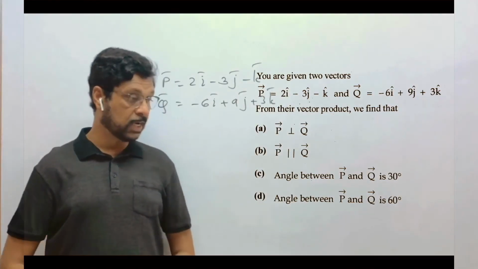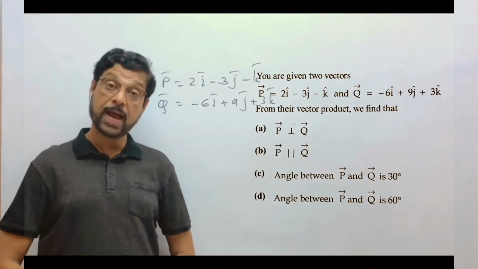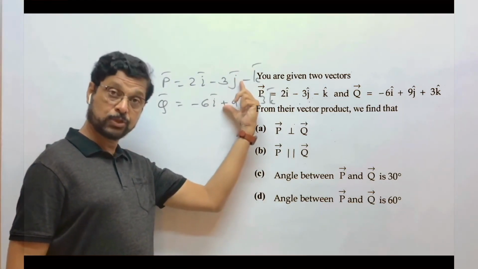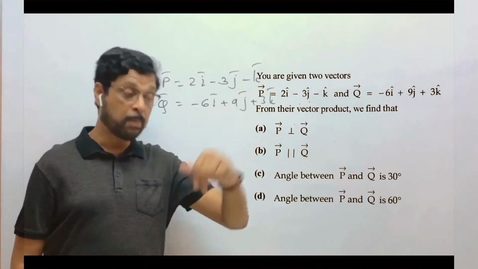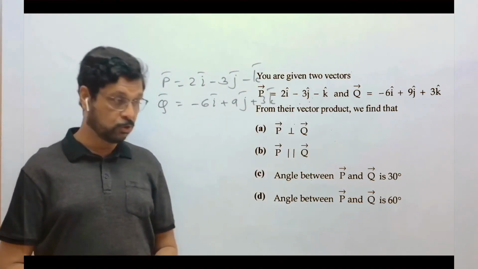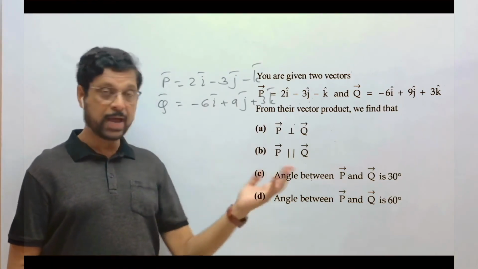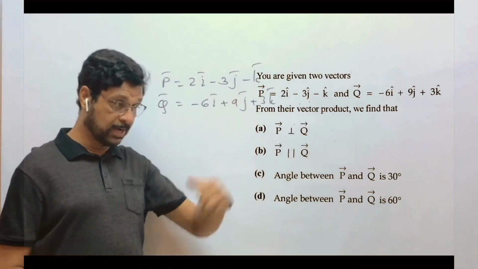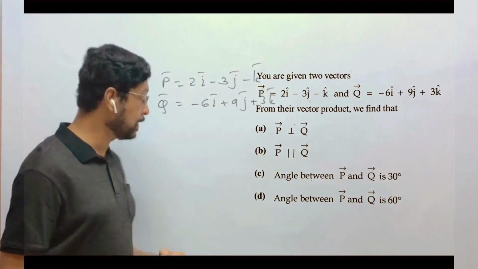From their vector product, we find that if you take the vector product of these two, what will we come to know? Option A is P is perpendicular to Q, option B is P parallel to Q, etc. So we take the cross product of both of them, the vector product, and see.